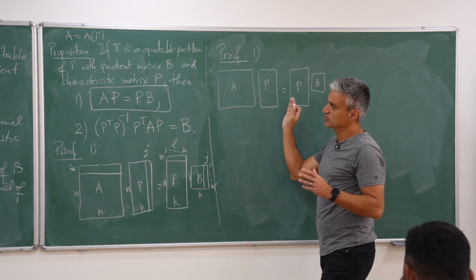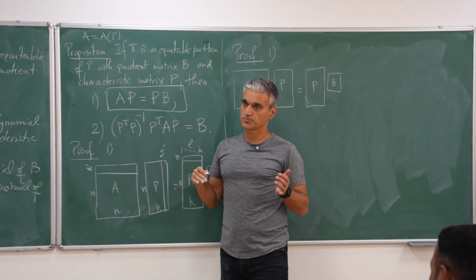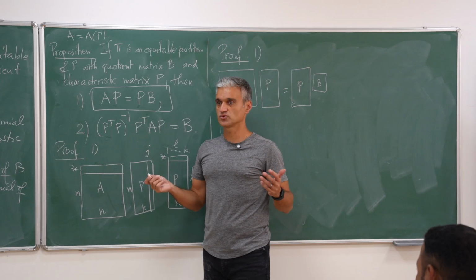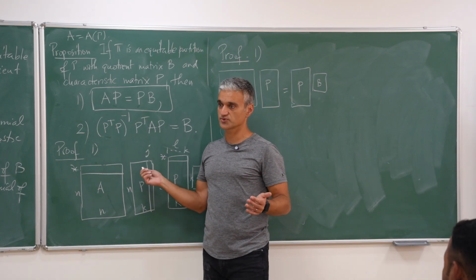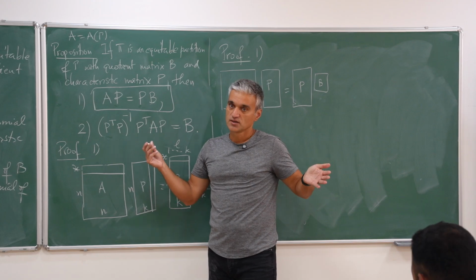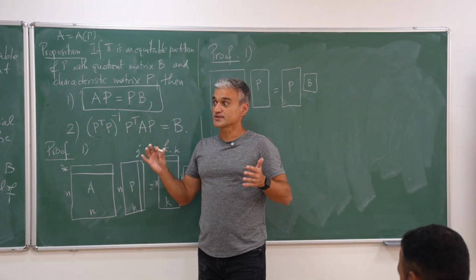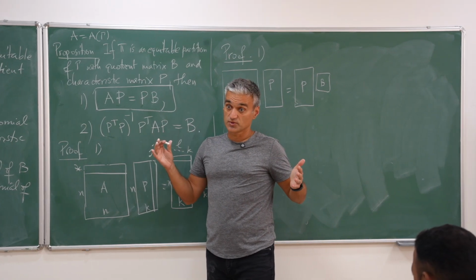If you look at the columns of P, you observe that they're pairwise orthogonal, so any two different columns are orthogonal to each other, so they're linearly independent. And what is the first result you learn in linear algebra? Yes, linearly independent vectors you can always extend to a basis. So that's exactly what we're going to do.